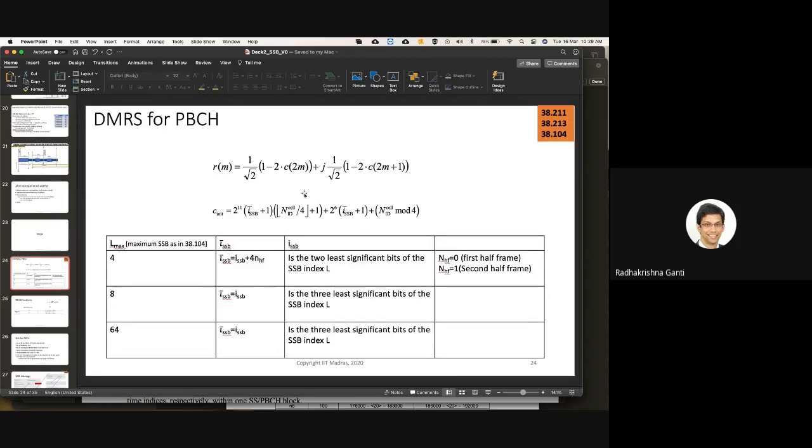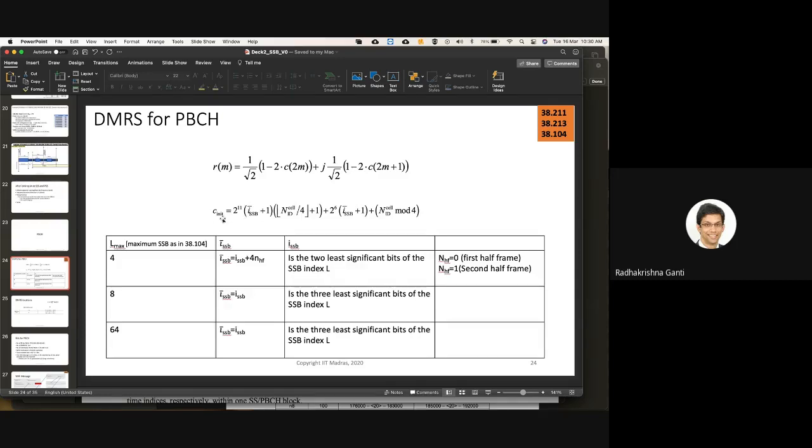If the pilots are QPSK modulated, c(m) is nothing but a specific binary sequence, which we'll look at in more detail. It is generated by a random seed called c init. So c(m) is a 0-1 sequence generated by this seed. If you give a specific value of c init, you get a different sequence.